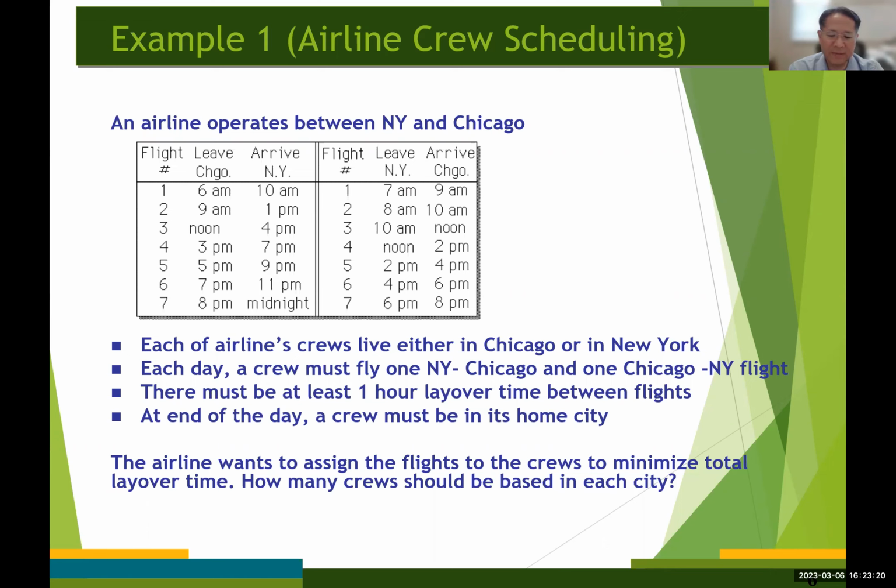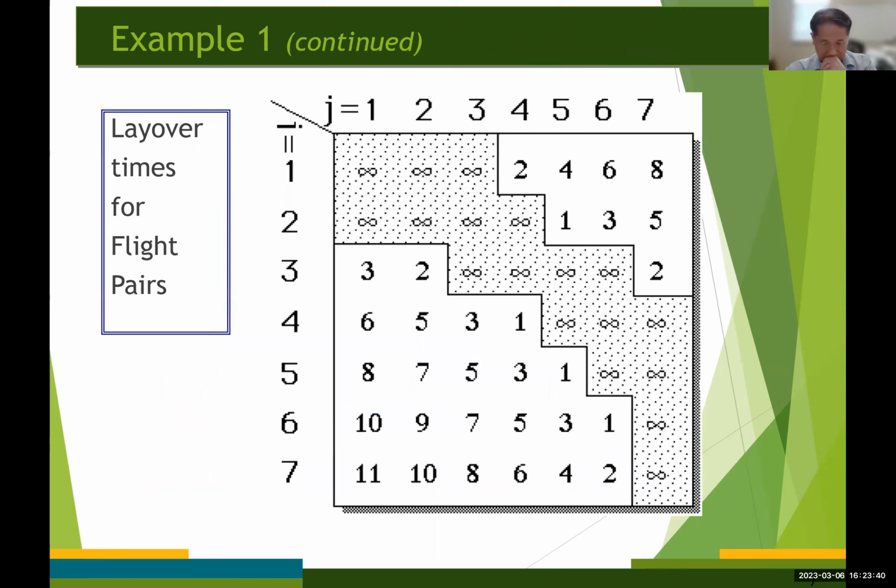So let's keep in mind that the airline company wants to minimize the total layover time. Intuitively, I make a table of layover time for flight pairs. Based on the given information, here's the table which shows the layover time for the flight pairs, okay?